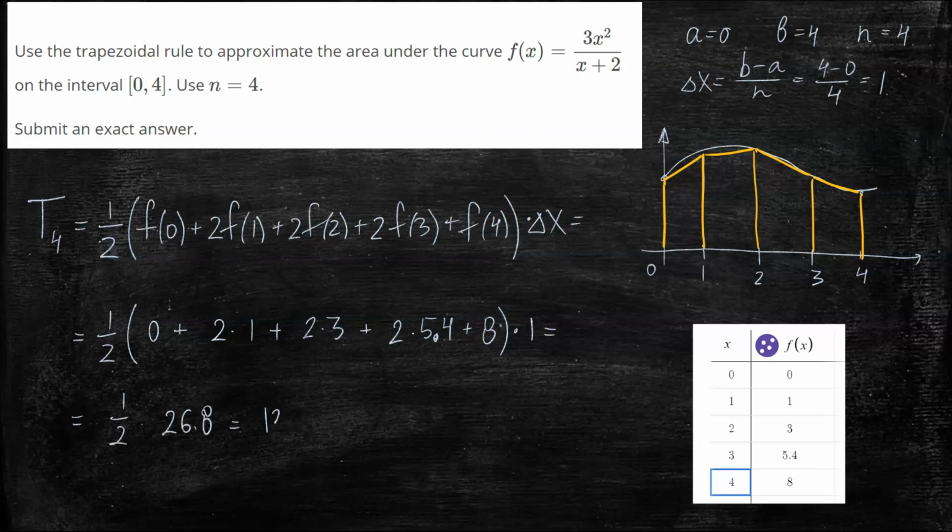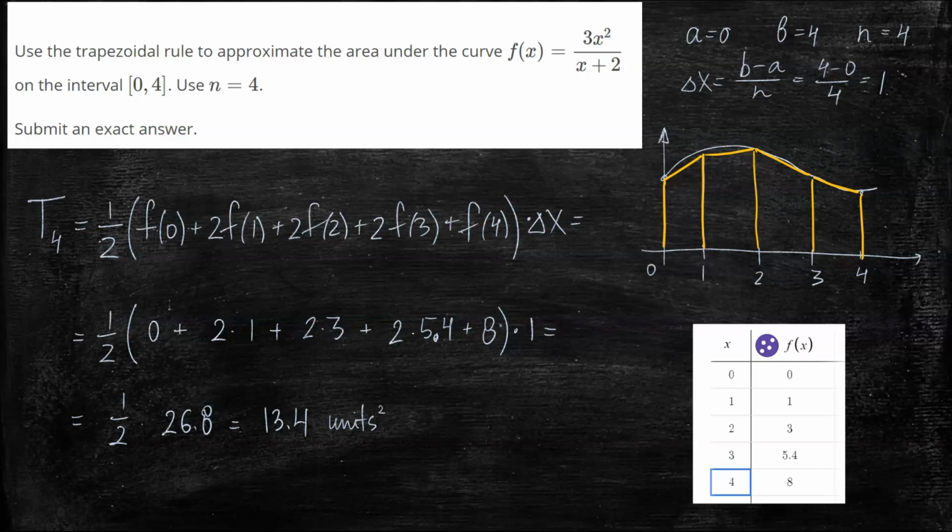So the answer is 13.4, whatever the units squared in this case, and that's how we use the trapezoidal method to estimate the definite integral.